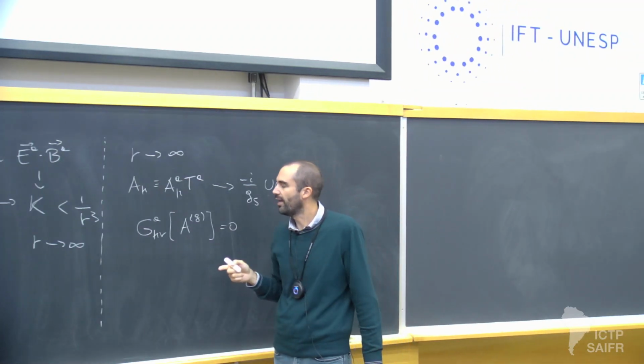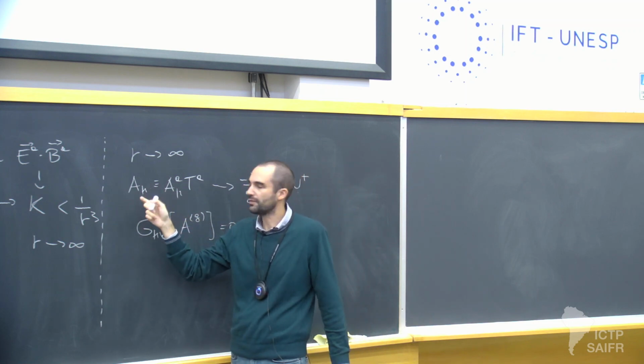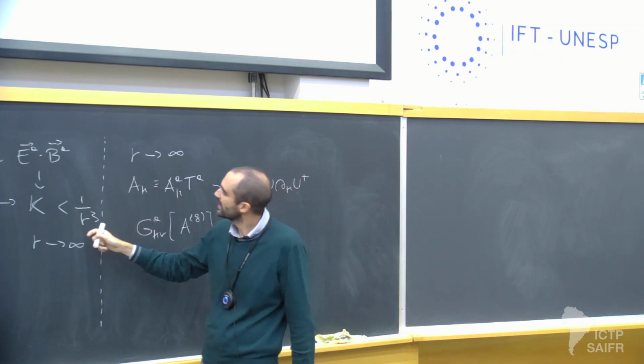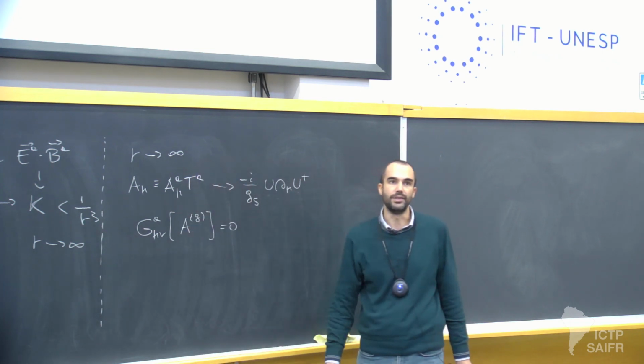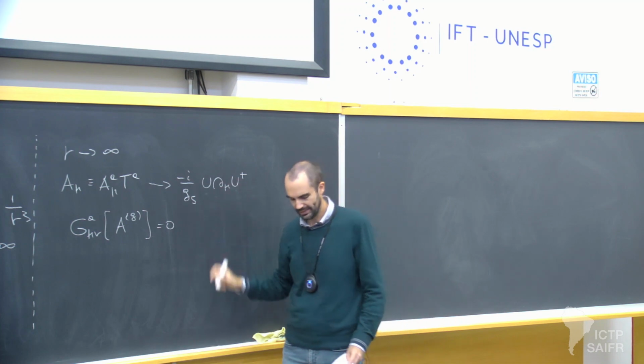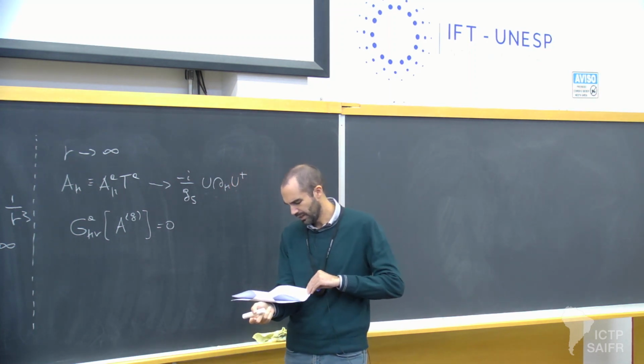So we might hope to find gauge fields that do not decrease this fast, but still leave us with a finite energy, because of this mathematical property of configurations that are pure gauge.